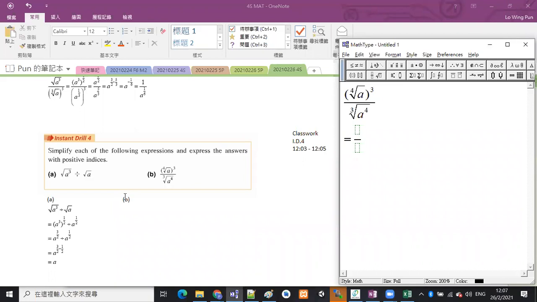So a, the fourth root of a, but there is still a power 3 enclosing it. So it becomes a to the power 1/4 and then to the power 3. And this time, the bottom part is a to the power 4 and then to the power 1/3.